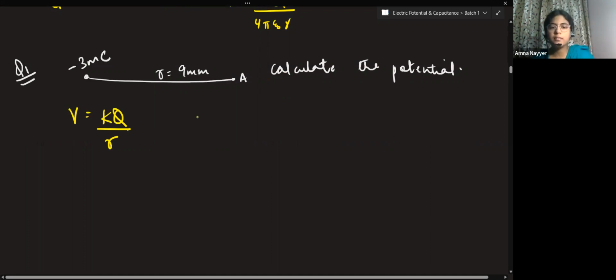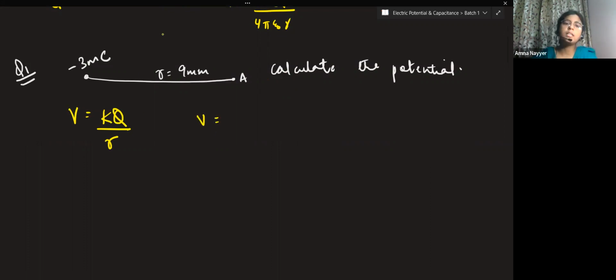So V is equal to, what is the value of K that I should put? What is K? Yes, constant K, what is the value? You have done this in Coulomb's law also, in case of electric field also, this K was constantly used.